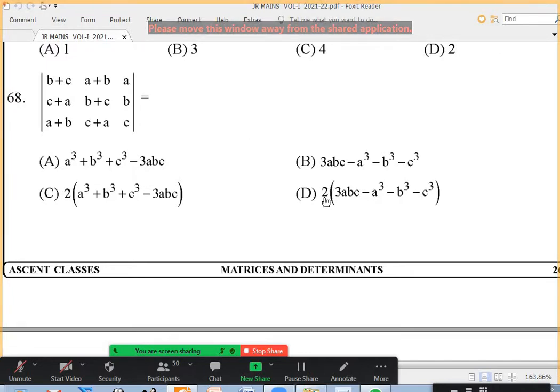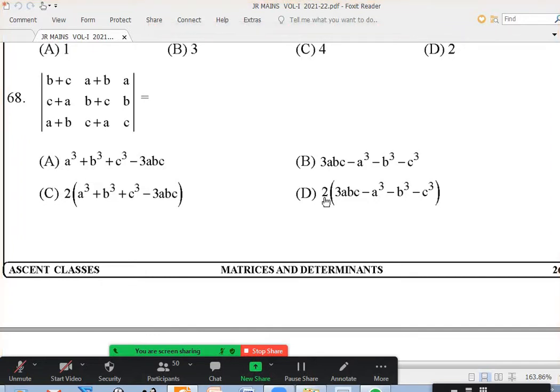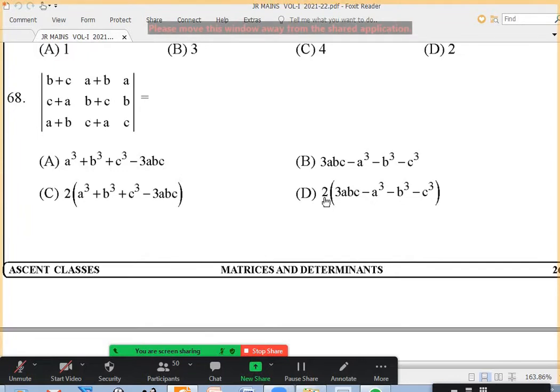Anybody want to give an idea about how to do 68? Sir, we write C1 as C1 plus C3 and C2 as C2 minus C3, sir. So you want to remove third column from second column. Okay, first you remove third column from second column and then add the third column to first column, sir.